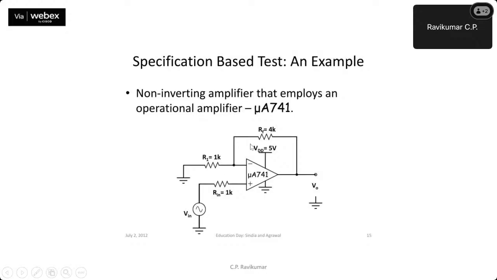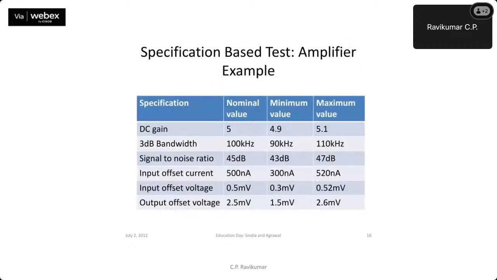Or maybe the resistances have some tolerance and so on. So there may be a variation in the actual gain. It may be above 5, below 5, etc. So the spec may say that the gain should be in this range, and this should be the 3 dB bandwidth, right?